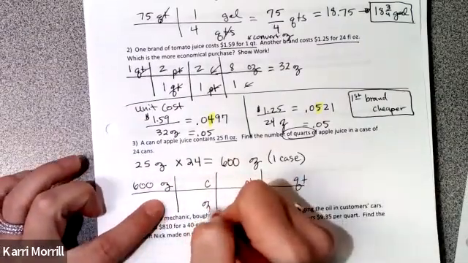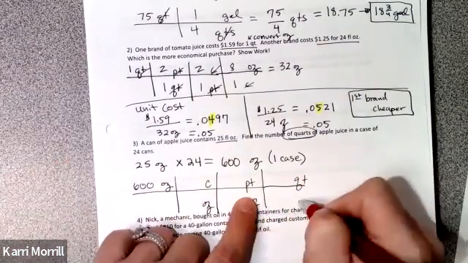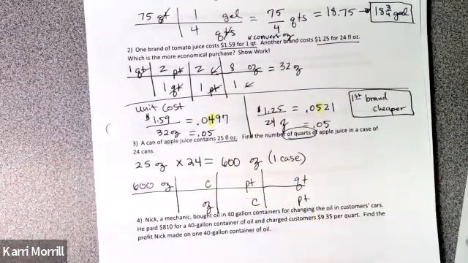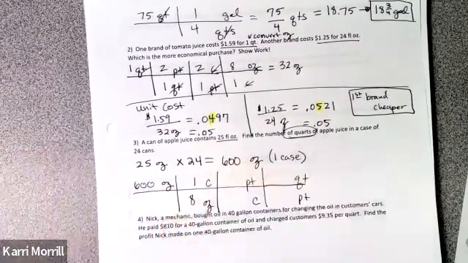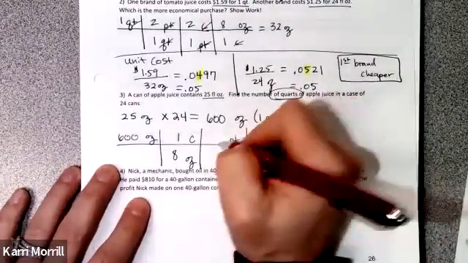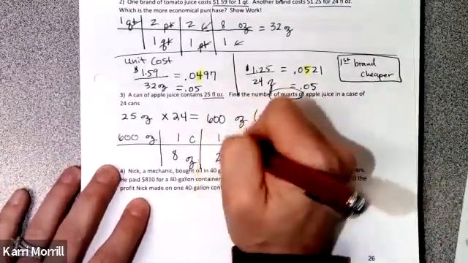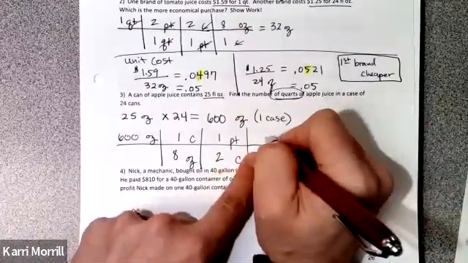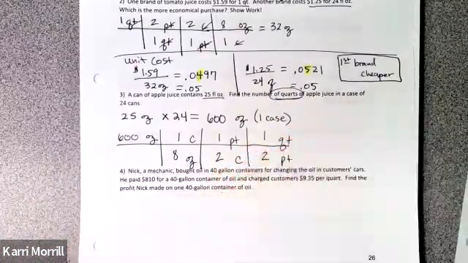So remember, this would be ounces. You can always work your way like that too, if it helps. So how many ounces are in a cup? 8. You can get that from that list. And then how many cups are in a pint? 2. And then we have 2 pints in a quart.